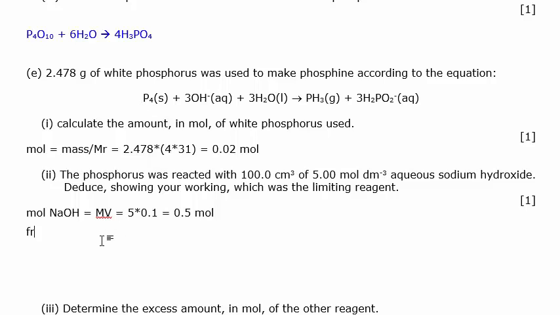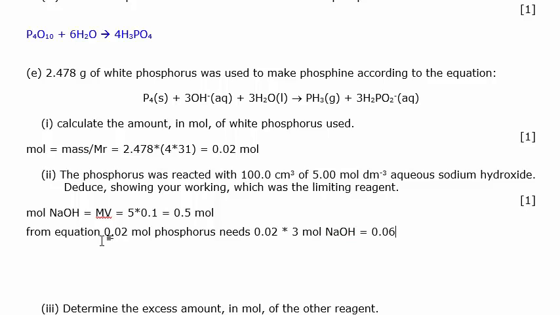Well, from the equation, 0.02 moles of phosphorus needs 0.02 times 3 moles of sodium hydroxide, and that equals 0.06 moles.